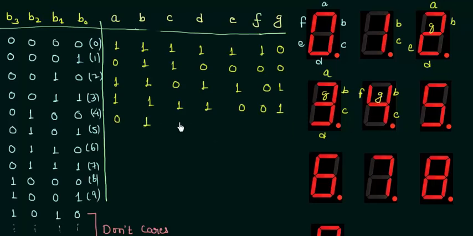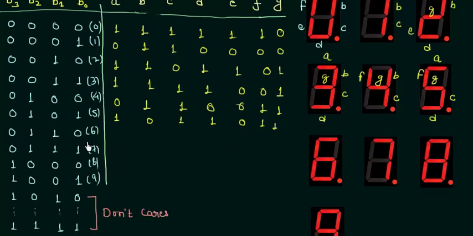So B, C, F, G are high and the rest of them are 0. Similarly for number 5, we have A, C, D, F and G high, and the rest of them are 0.